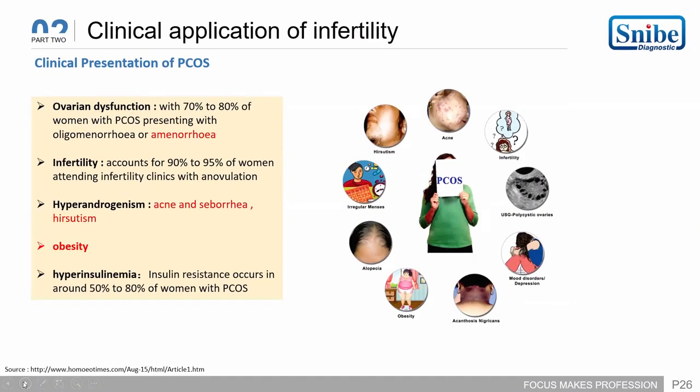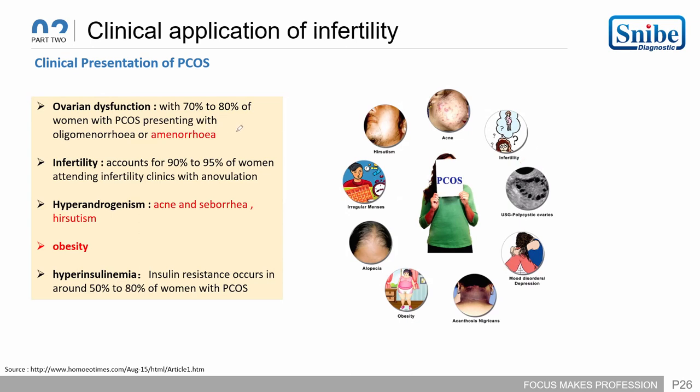For the clinical presentation of PCOS, you can see the ovarian dysfunctions. Women with early signs and symptoms of PCOS have acne, hirsutism, irregular menses, alopecia, obesity, acanthosis nigricans, mood disorder and depression, and then polycystic ovaries along with infertility.